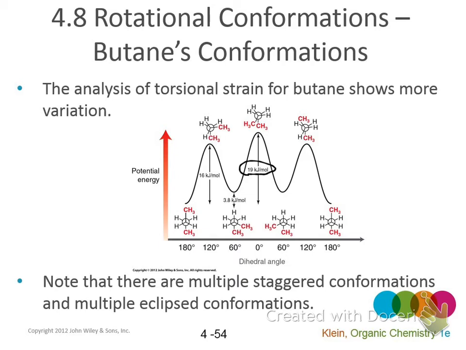The gauche positions, that's these ones, are only 3.8 kilojoules per mole higher than here. And remember, when we're talking equilibrium, it's not the absolute amount of energy that matters. It's how energetic this is relative to the base, right?